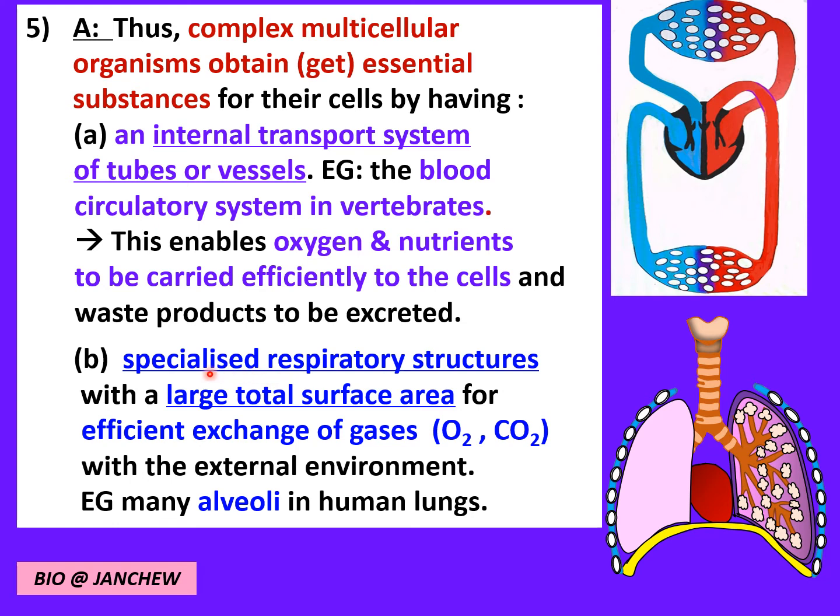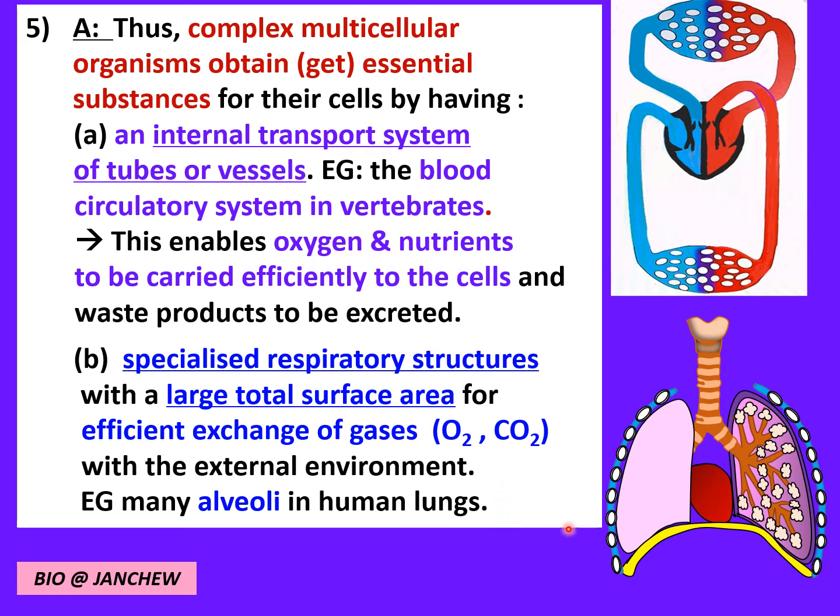Secondly, to obtain essential substances like oxygen, as we have studied in the previous chapters on respiration, the multicellular organisms have specialized respiratory structures inside their bodies, which have a large total surface area for the efficient exchange of gases, such as oxygen and carbon dioxide, with the external environment.